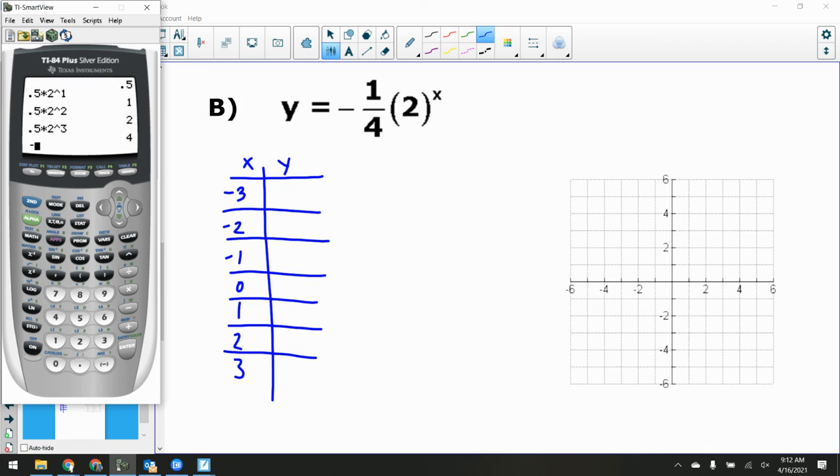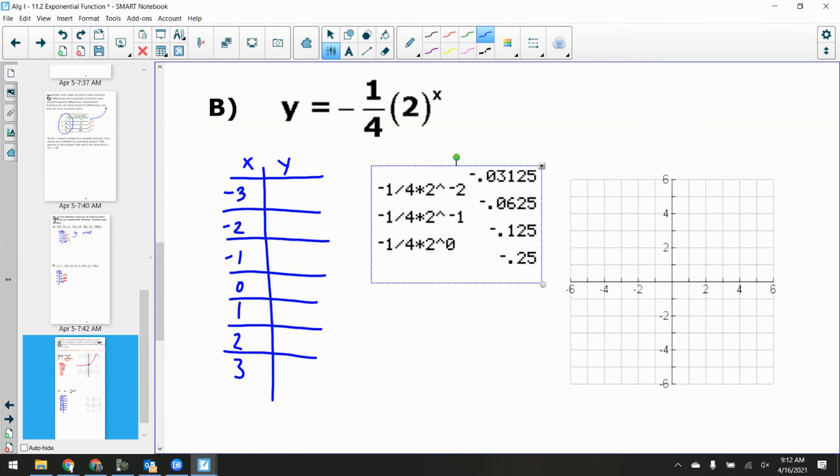We got negative 1/4 times 2 to the negative 3. Negative 0.03. You know, I'm just going to do a bunch here and copy them into the table in a second. To the negative 2, to the negative 1, to the 0, and I'm going to bring this over.